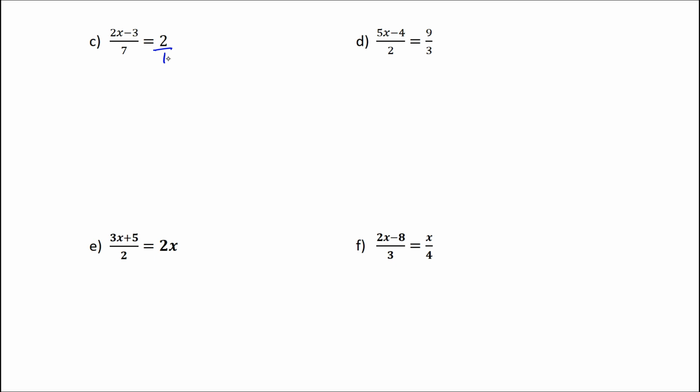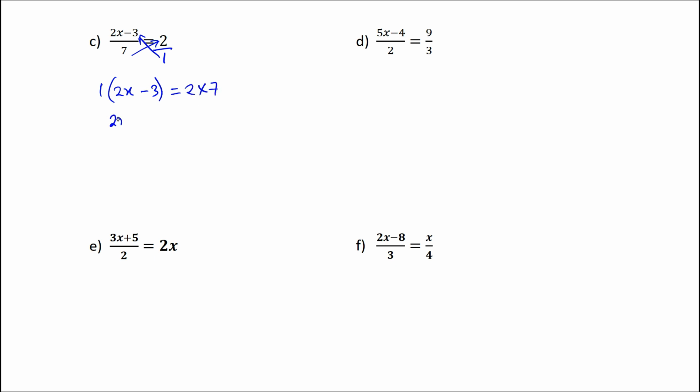So when you have a number like 2, that's just like 2 over 1. And the reason why I'm writing over 1 is so that I can cross multiply. So if we cross multiply this, you'll end up with 1 multiplied by 2x minus 3 will be equal to 2 multiplied by 7.